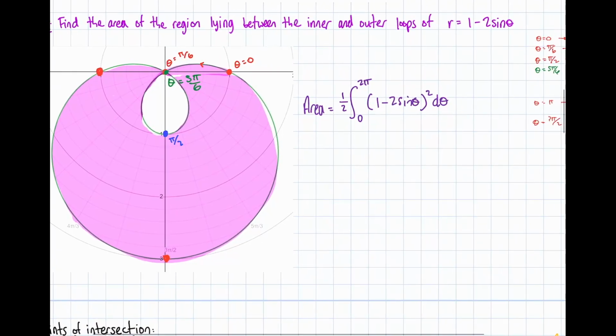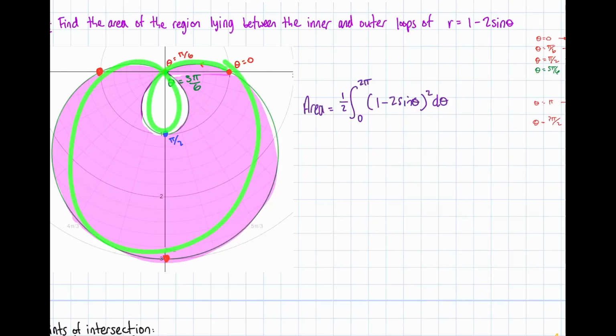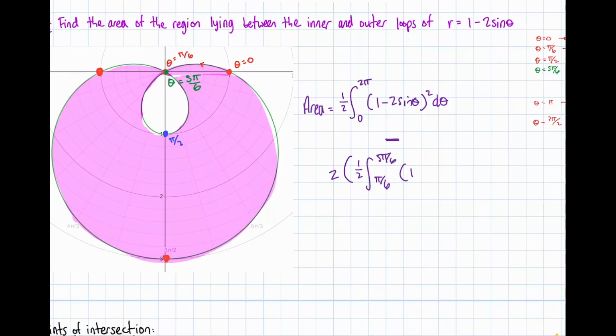That gives me my area of the whole thing. But what I want to do is subtract out minus 2 areas, 1/2 the integral from pi over 6 to 5 pi over 6 of 1 minus 2 sine theta squared d theta.